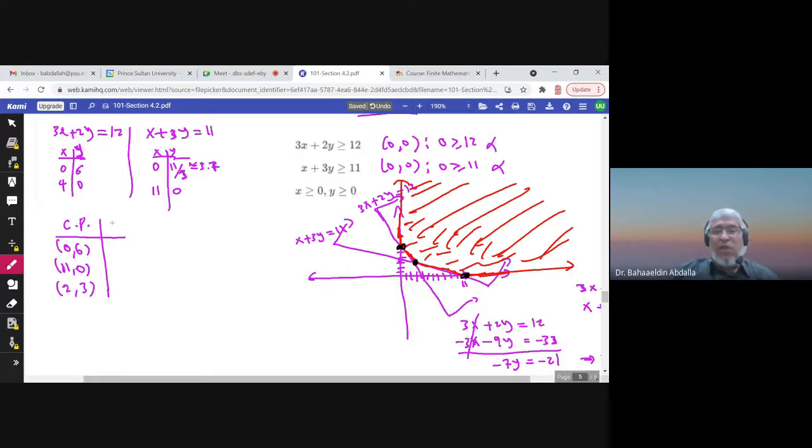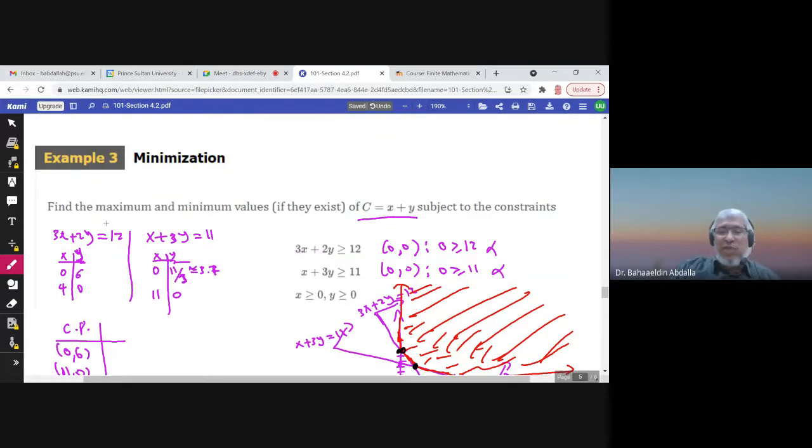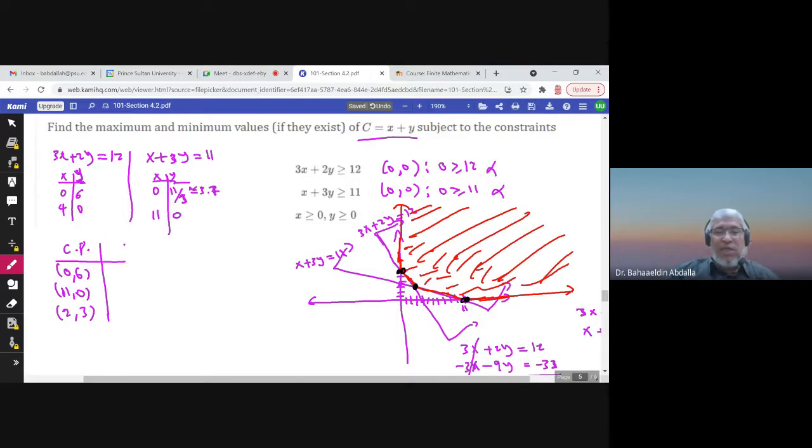These are the three corner points, and let us put them in the function C. C is x plus y, so 0 plus 6 is 6, 11 plus 0 is 11, 2 plus 3 is 5.